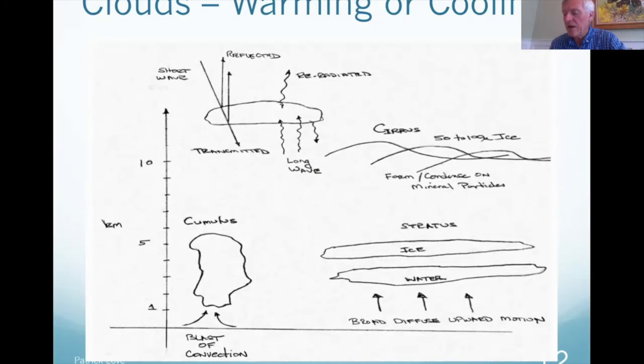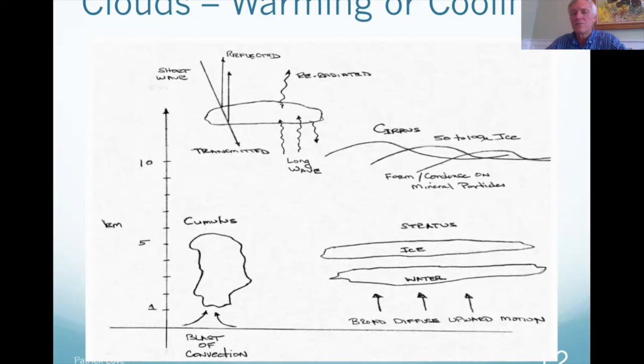So the bottom line is that typically cirrus clouds, which are way up in the sky, form and condense on aerosols, typically mineral type aerosols, very, very small ones that get that high up. They tend to reflect energy away as well as absorb what's coming up.